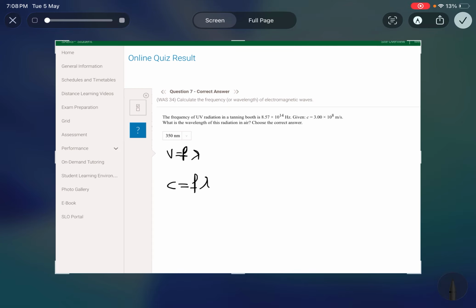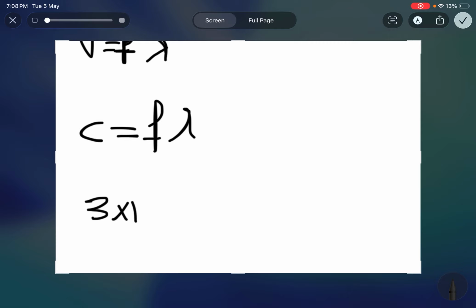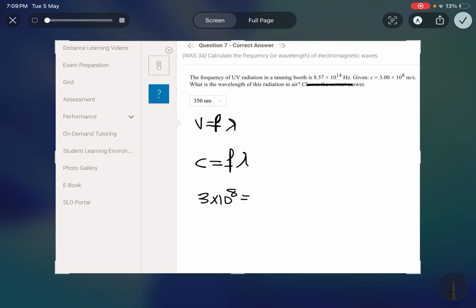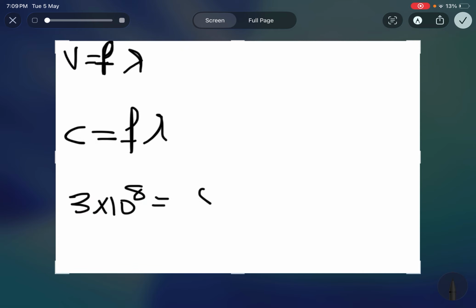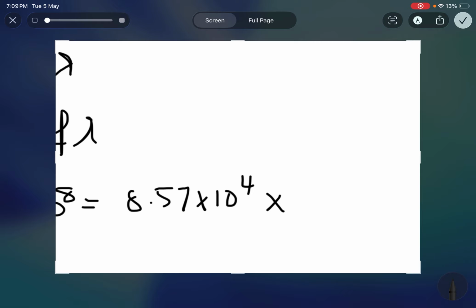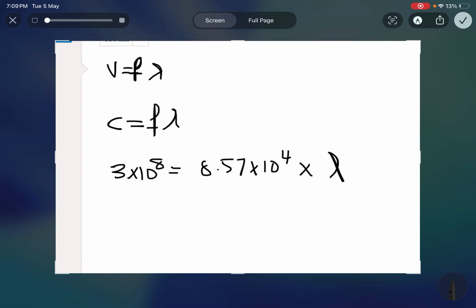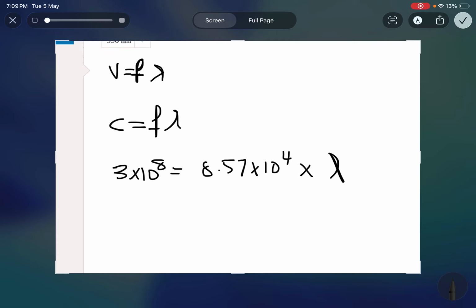So we have c given, which is 3 times 10 to the power of 8. It's equal to f, which is the frequency, 8.57 times 10 to the power of 14, times lambda. And then when you put it in, of course, you divide by this here.